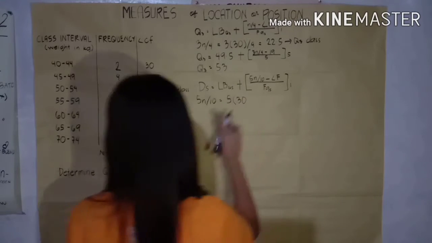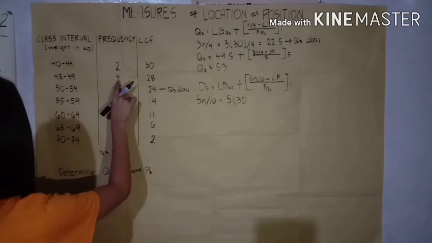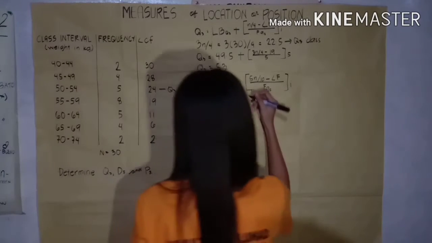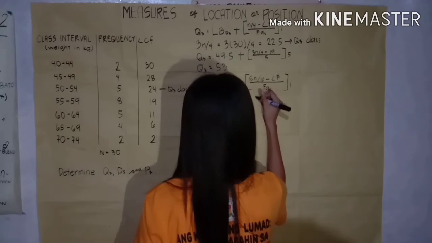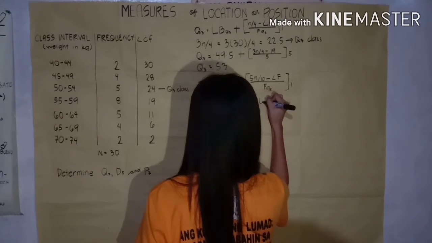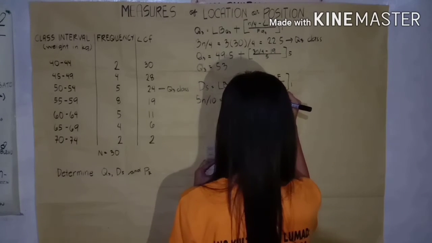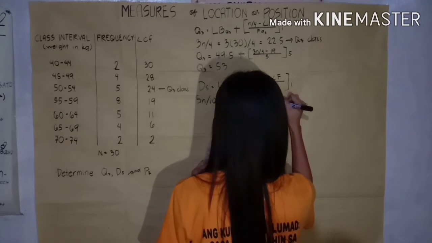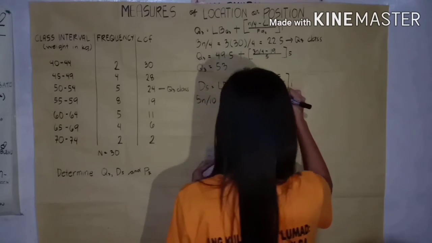Why 30? Because our overall total in our frequency table is equal to 30. So 5 times 30 divided by 10 is equal to 15.